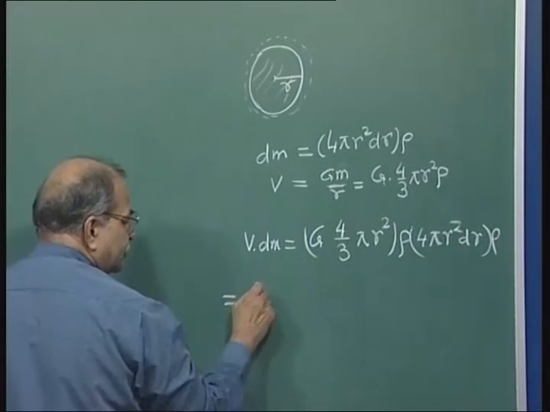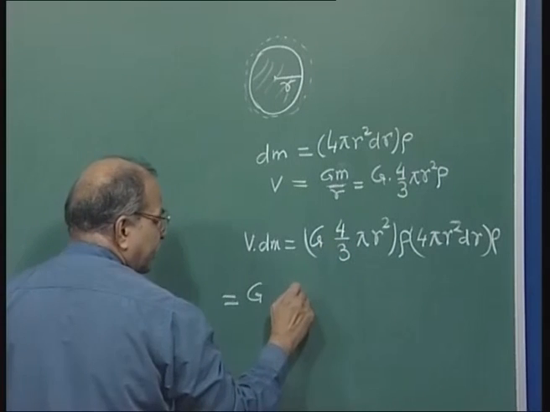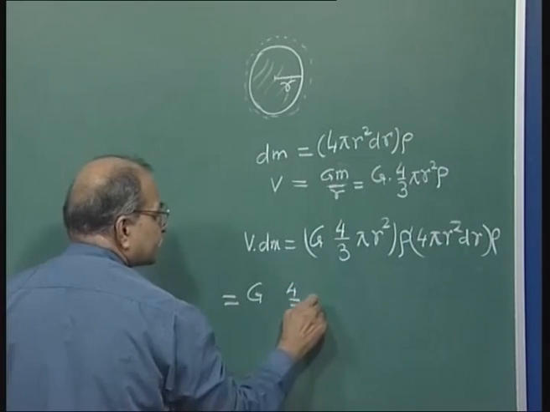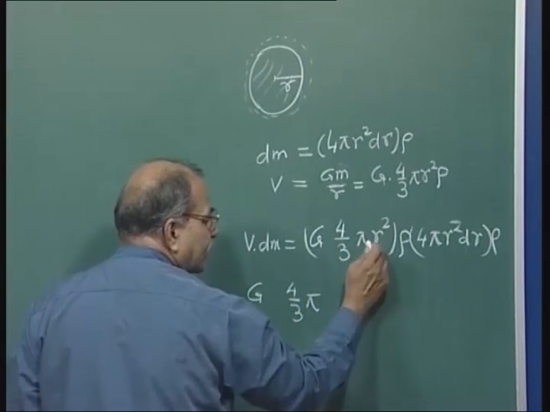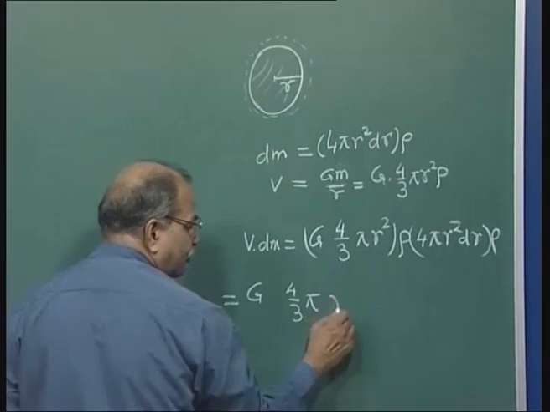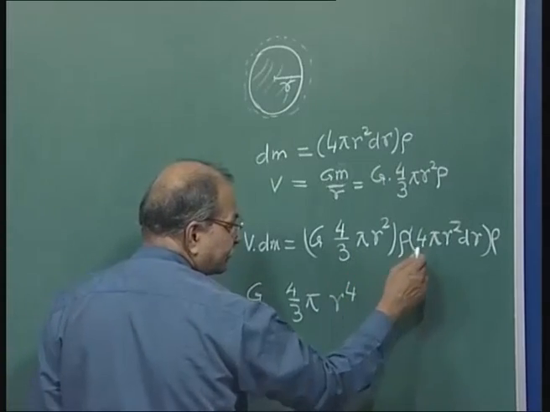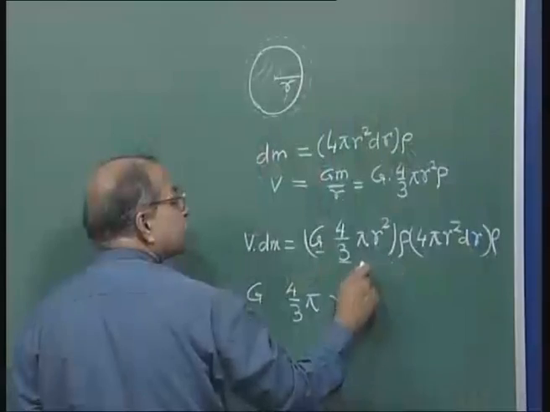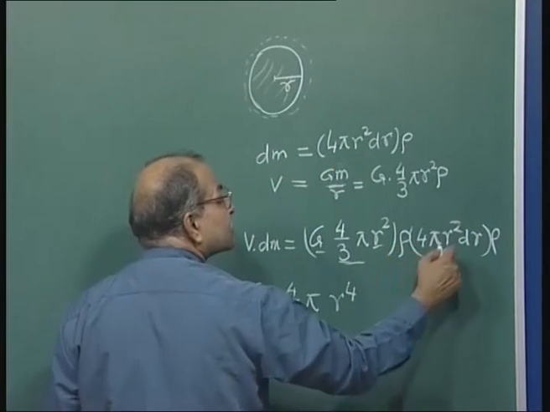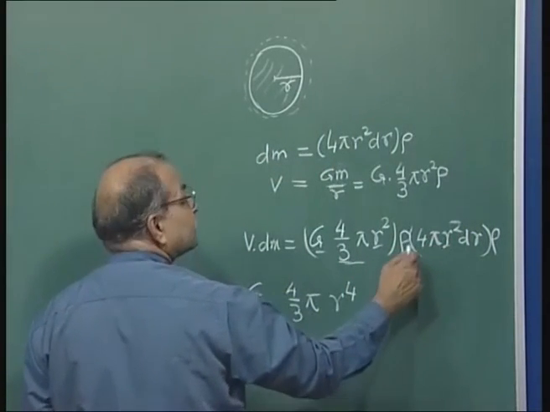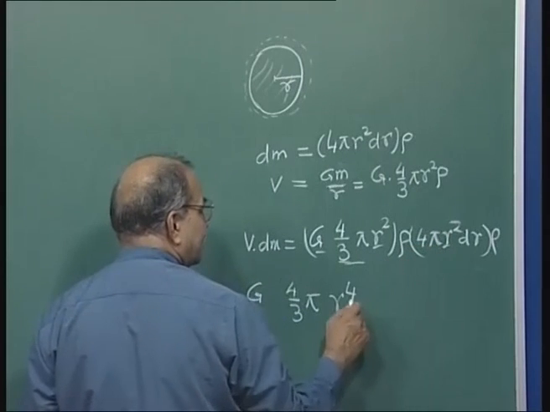So, this is G 4 by 3 pi, here this r square into r square will be r 4. Okay. And then what is left? We have taken this G, we have taken this 4 by 3 pi, we have taken this r square, we have taken this r square, this 4 pi will be there, correct.